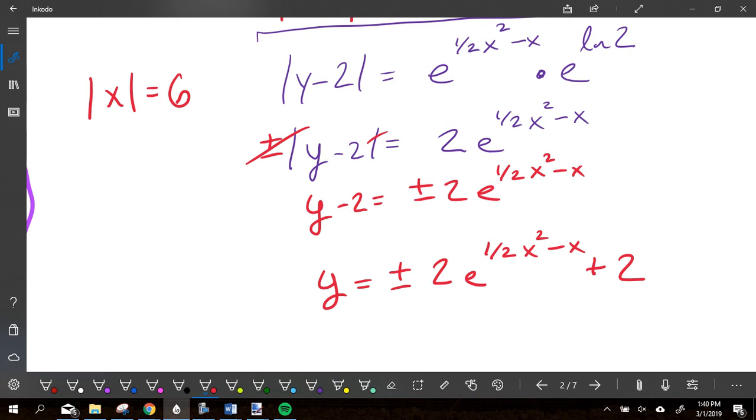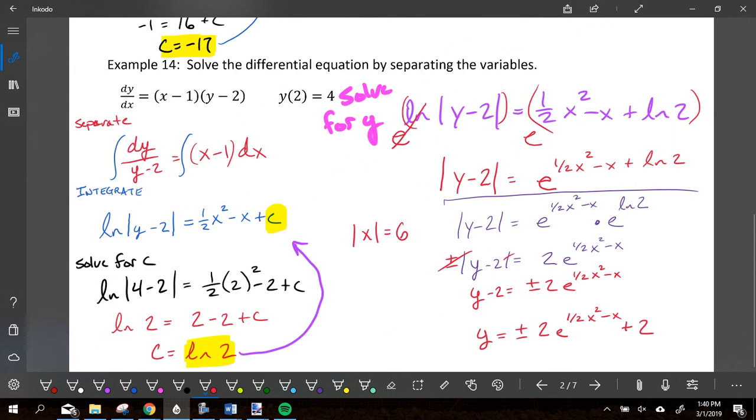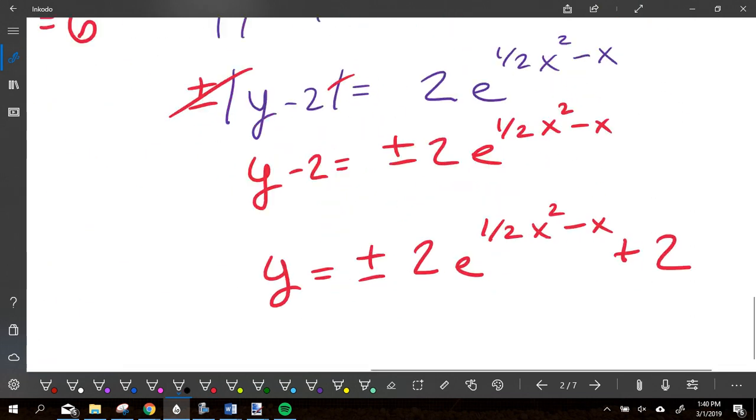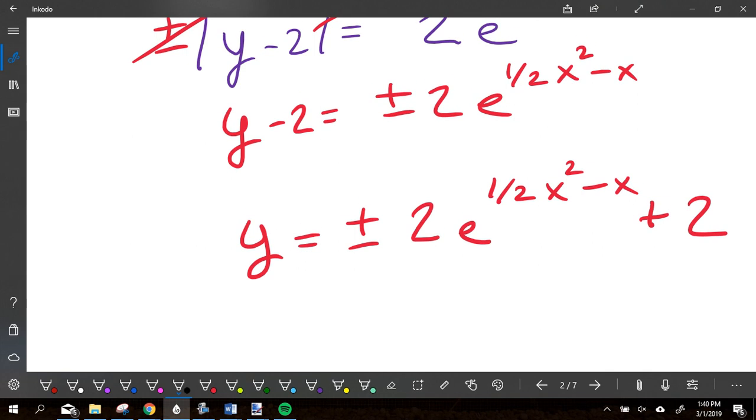We are finding a particular solution, which means one. How do I decide if it's a positive or a negative in the end? The ordered pair. If I plugged in this point of 2, 4, it should be a true statement. So think about that. We're plugging in 2.